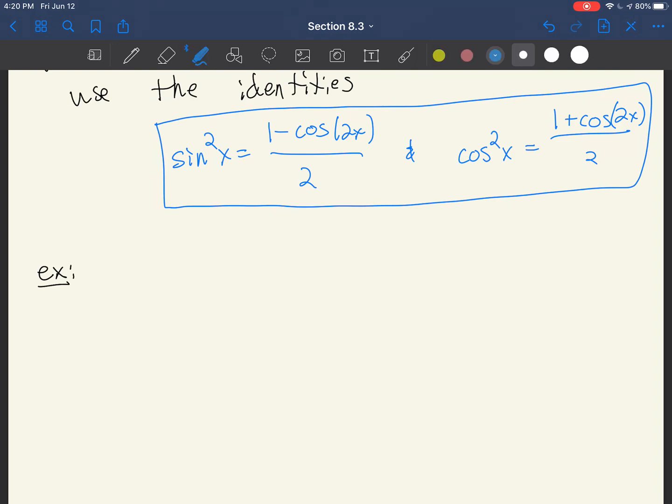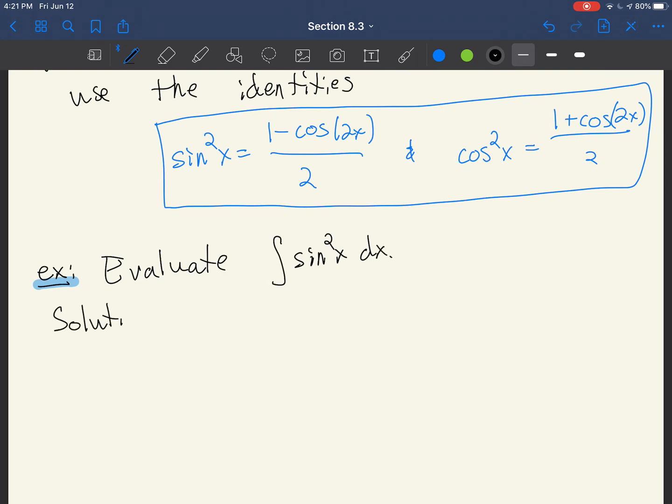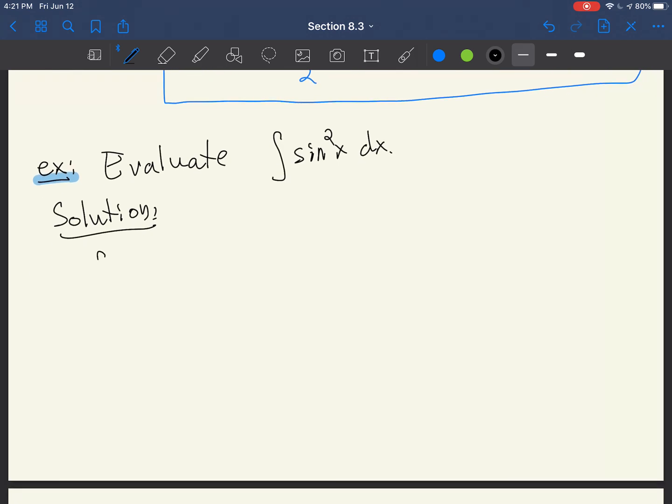So let's see this in action. Example. Now let's just evaluate something simple. Integral of sine squared x dx.